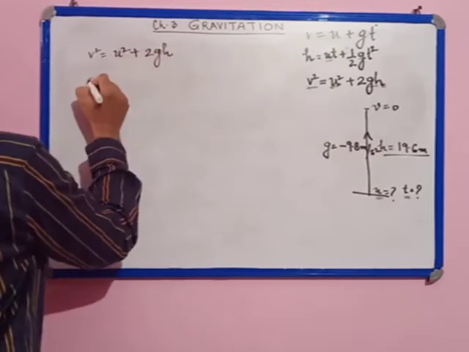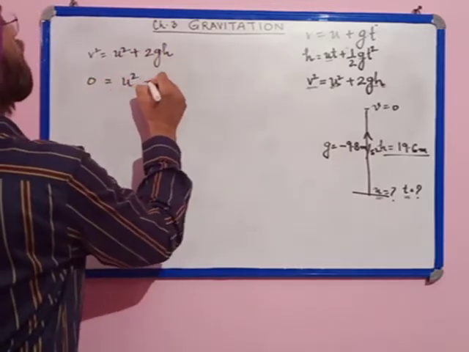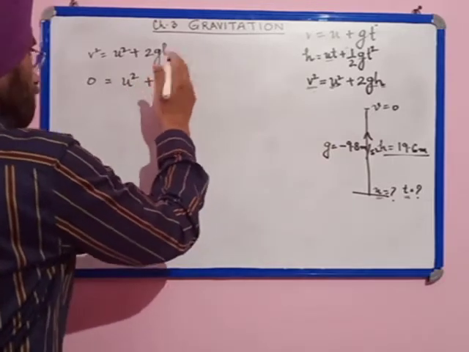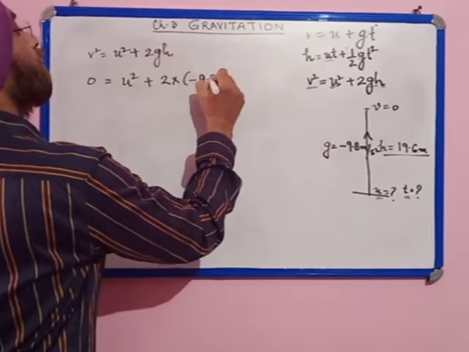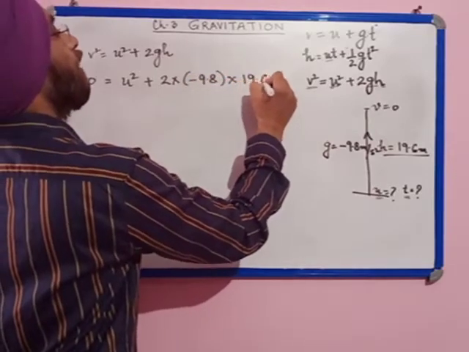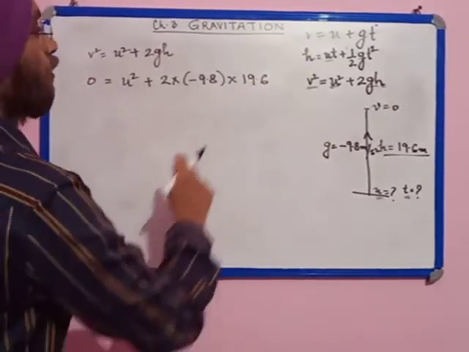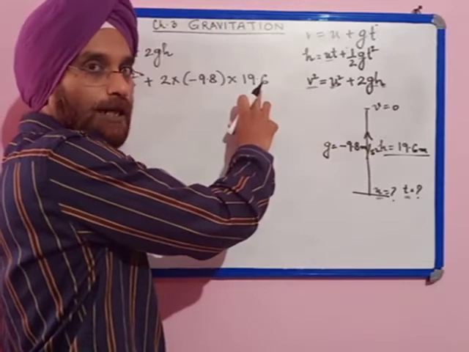Now final velocity v is 0, initial velocity we don't know, plus 2 into gravitational acceleration, minus 9.8, into height, that is 19.6. And we should know that 19.6 is 2 into 9.8.